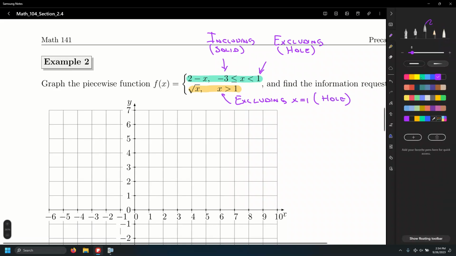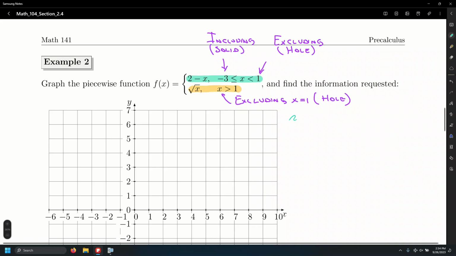Okay, let's make a table for each of the functions. So x's, and for x I cannot just evaluate it at my favorite values. I'm going to do all the values that go between -3 and 1. Actually, I'm going to skip some because I don't want to spend too much time. You know what? Let's do all of them. -3, -2, -1, 0, and 1. I can't plug in the 2 here.